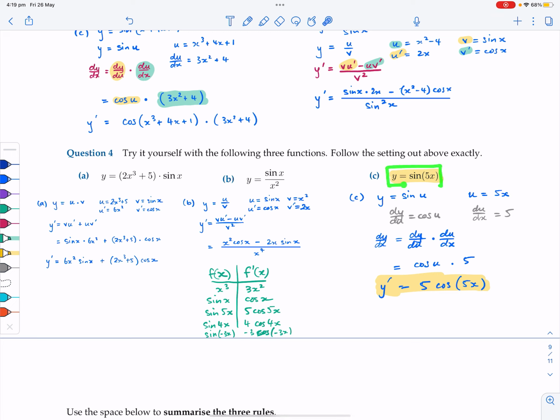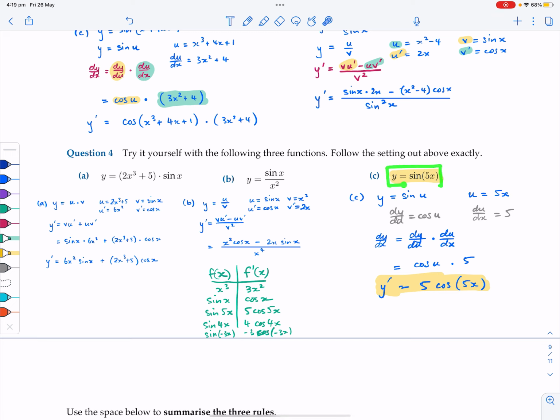And if y is some function of u, where u is a function of x, then dy/dx is dy/du times du/dx. Okay, it's easier to apply the chain rule than to summarize it. I don't think anyone would look at that and go, oh yeah, I get it. Whereas these ones, yeah, you get it.